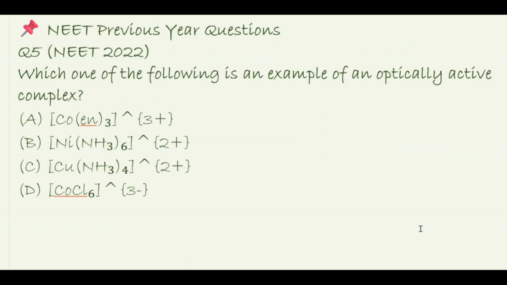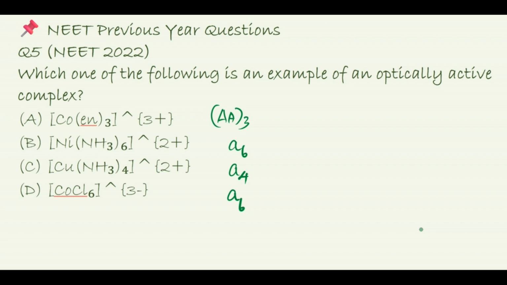Then this question asked in 2022: which of the following is an example of an optically active complex? I told you so many questions can be asked from the isomerism part. So let's see this. This is M(AA)3 type and this is MA6 type. This is MA4 type and the last one is also MA6 type. Which of the following is optically active?